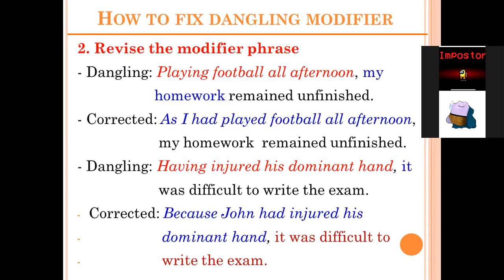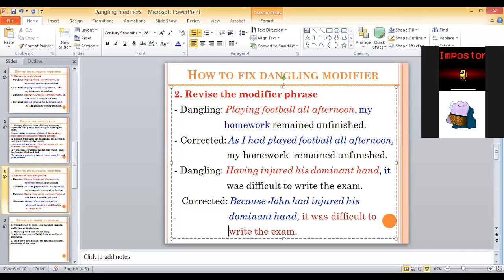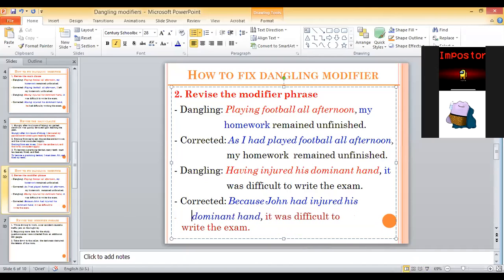And again, we learn this not for you to make the mistake. We learn this in order to avoid the mistake. Again and again, just learn this in order to make sure that you will avoid your mistake.